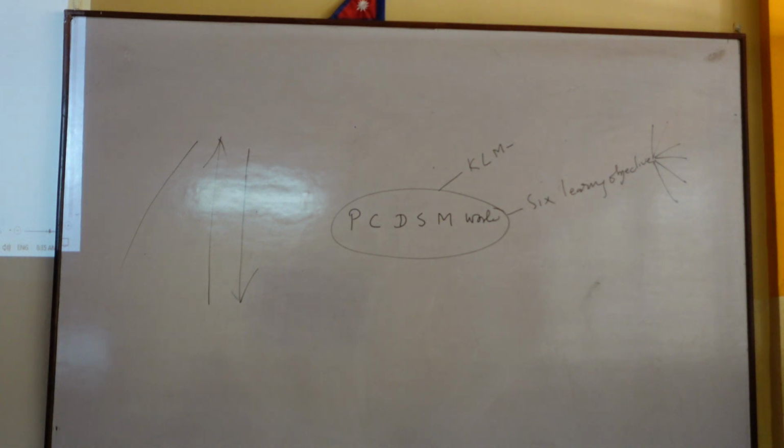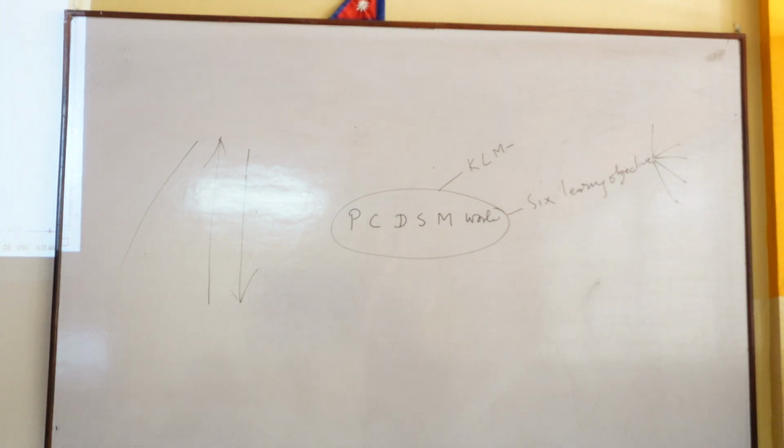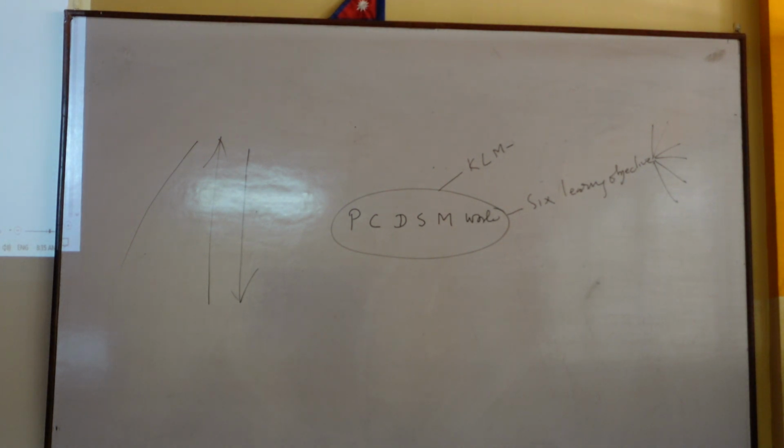The green lines here show downward communication, red lines show upward communication, yellow lines show diagonal communication. There are 4 directions of communication in an organization: upward, downward, and diagonal, right?